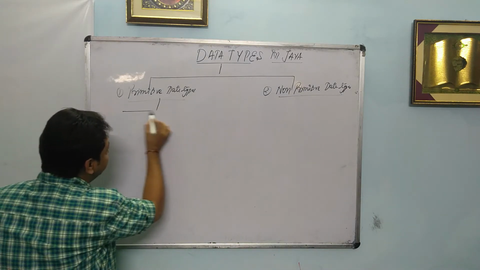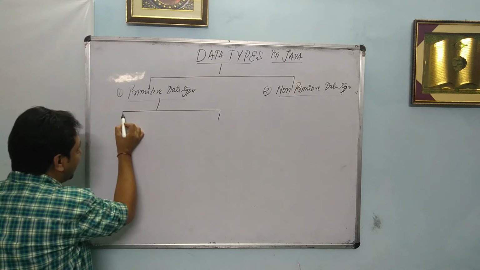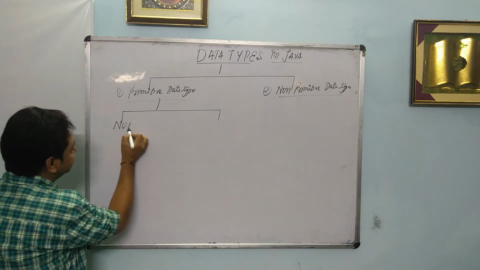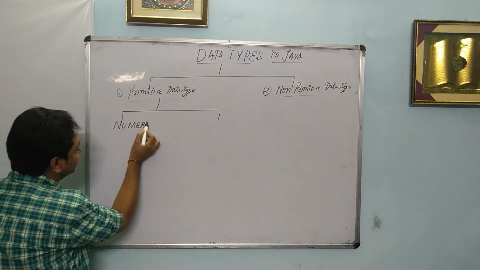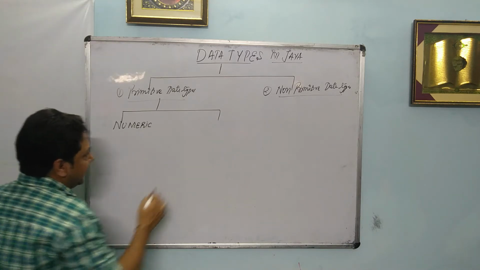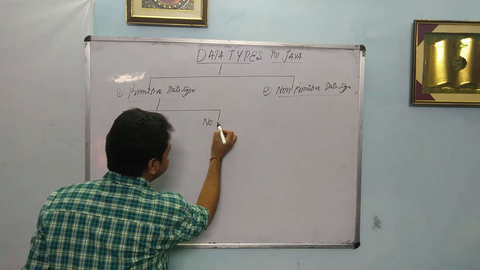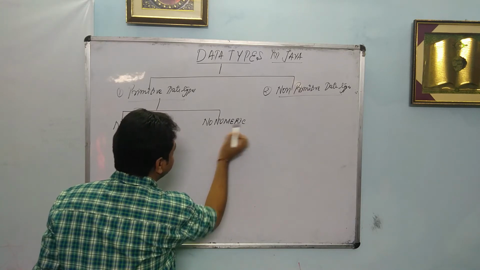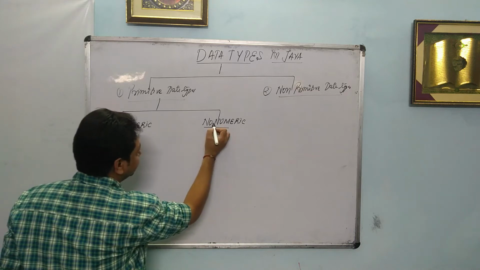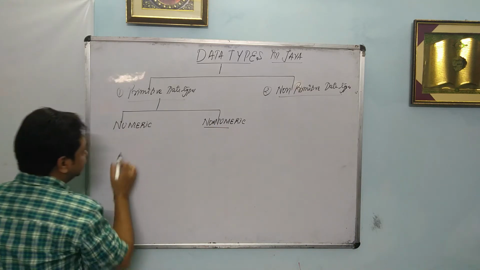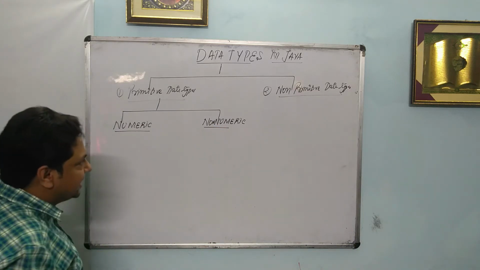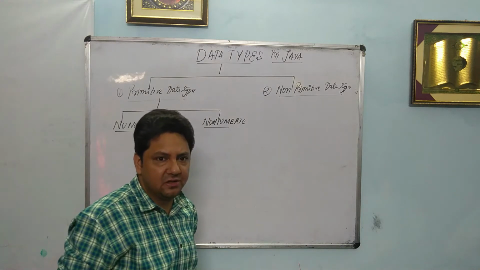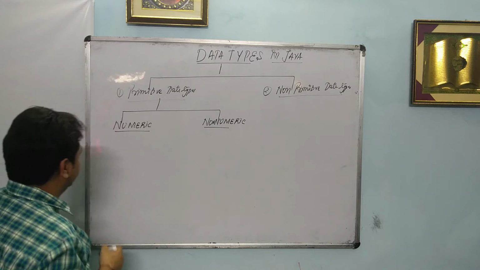A primitive data type is further classified or divided into two groups: numeric and non-numeric. This classification may vary depending upon the different books available.